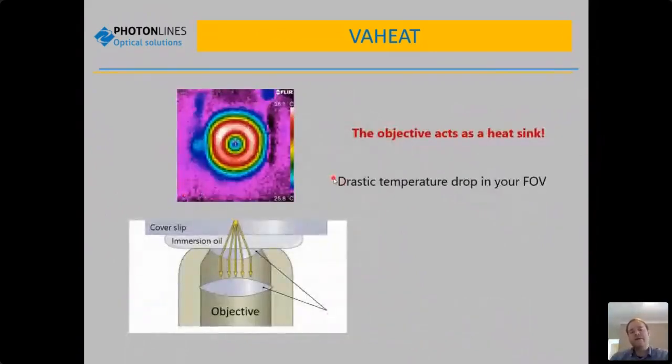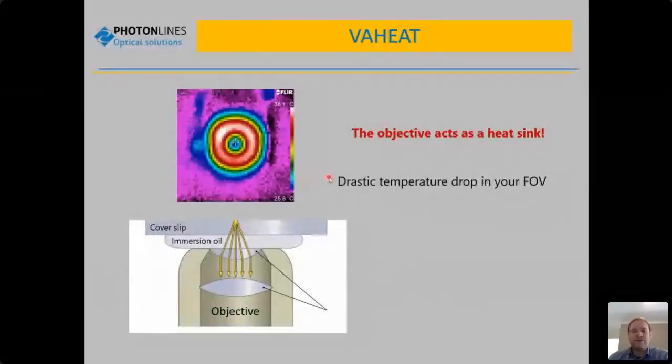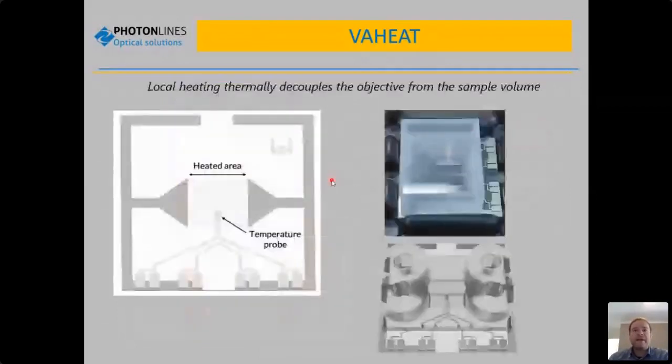When you want to heat up your cells, when you want to keep them stable at 37 degrees, the objective always acts as a heat sink. And there is a drastic temperature drop in your field of view, specifically in the middle. The solution is to heat up the objective, but some of the objectives are quite good for also working at 37 degrees, but some are corrected for room temperature.